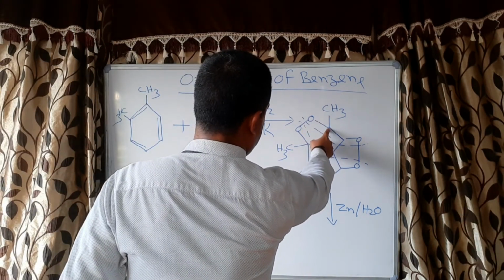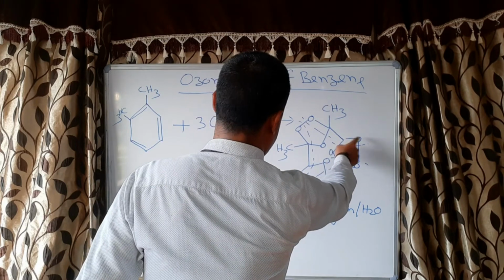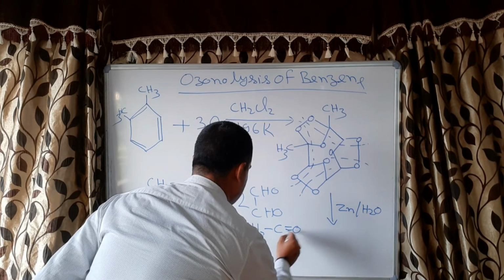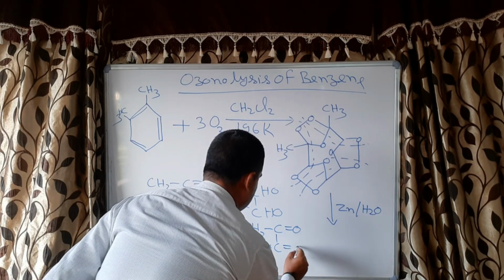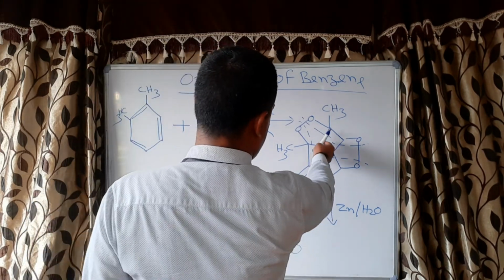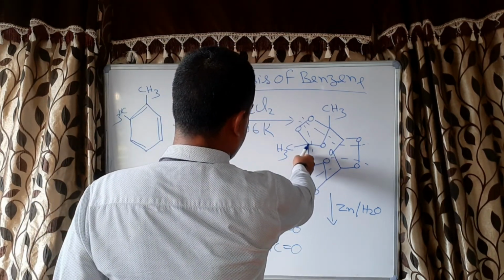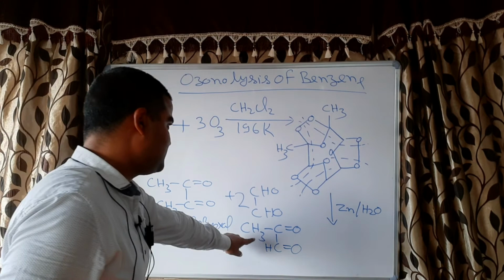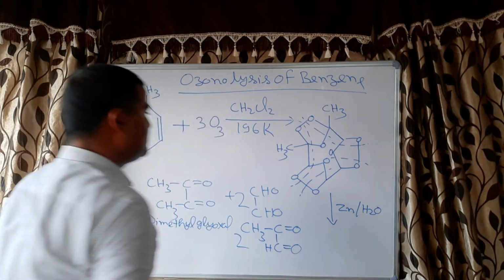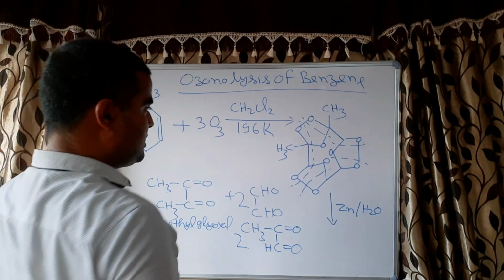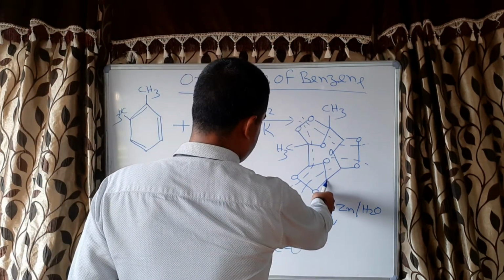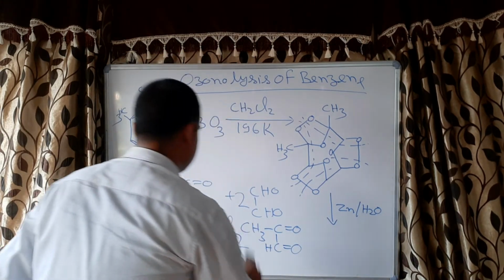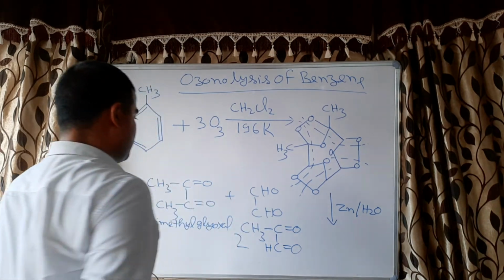CH3 CO single bond CHO. Then another molecule will be CH3 CO single bond CHO, so again this will be another molecule. So total will be 2 molecules. Now this will be CHO single bond CHO, so this will be 1 molecule, correct?